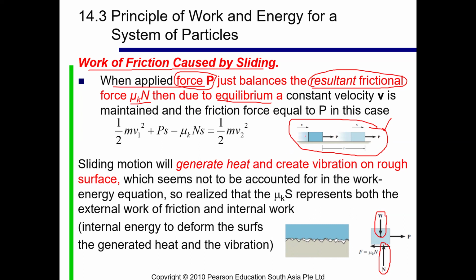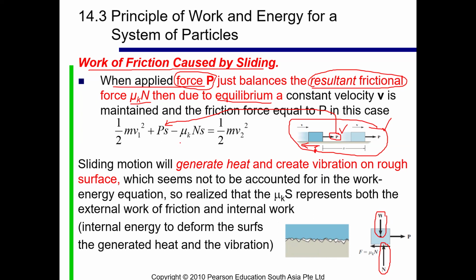If it is a straight case like this, then the two forces in the direction of displacement are technically the applied force and the frictional force. The applied force times S will be positive work done because both are in the same direction.